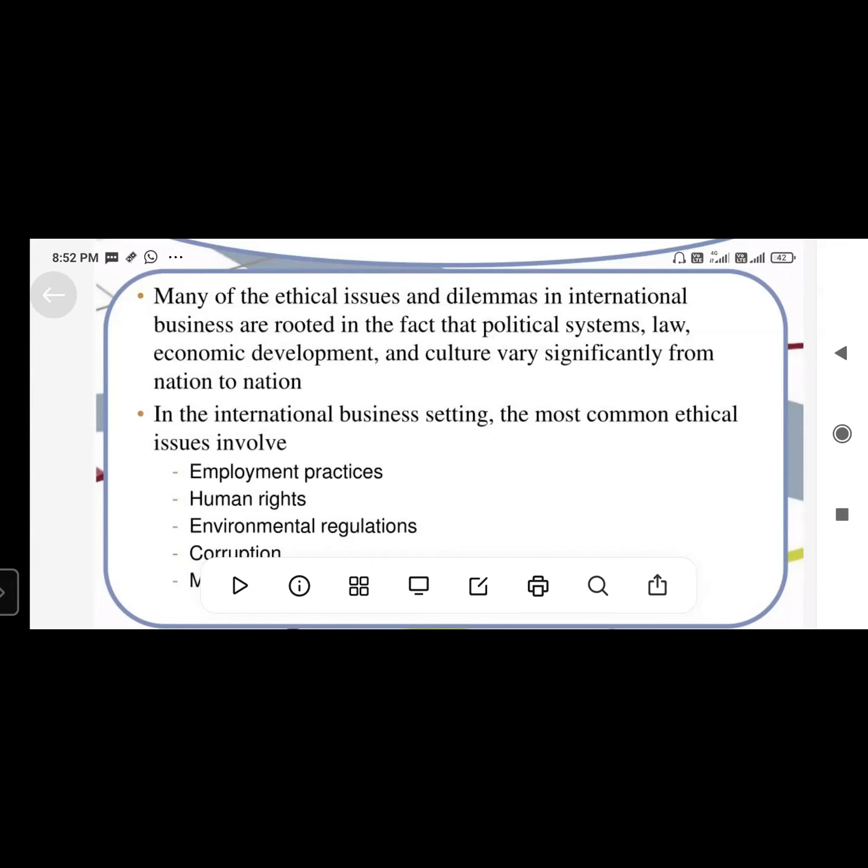So in India also, whenever a company is to be started, a no objection certificate from the Environment Ministry or the Department of Environment is one of the compulsory documents which the person has to be in possession of when the person is starting a new business, a manufacturing unit, suppose.